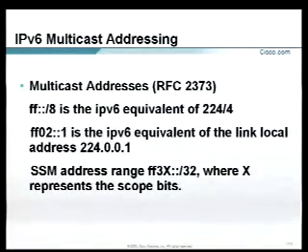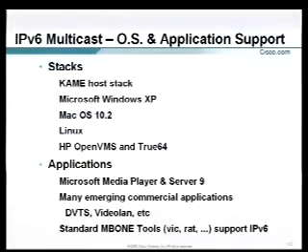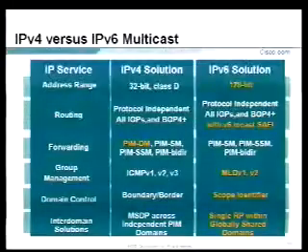And this is a network of a native solution where we're able to test and people are able to natively get a solution for multicast and unicast for that matter. And so we're in this mode now where we're just really trying to push people to go natively with V6 as quickly as possible. There's a variety of stacks. Kame, I believe, was one of the first ones, if not the first one. There's a variety of applications now that support V6 for multicast.